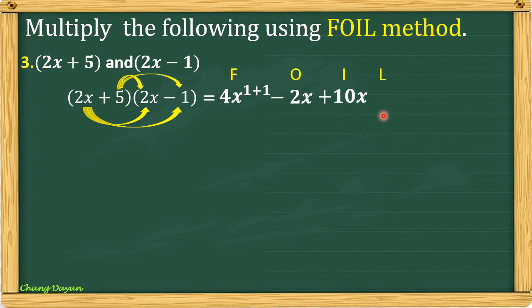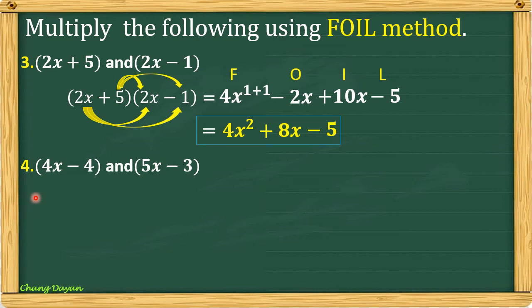Then multiply the last terms. 5 times negative 1 and we'll get negative 5. Simplifying, we'll get 4x squared. Negative 2x plus 10x is positive 8x. Then just copy negative 5. Therefore, the product is 4x squared plus 8x minus 5.